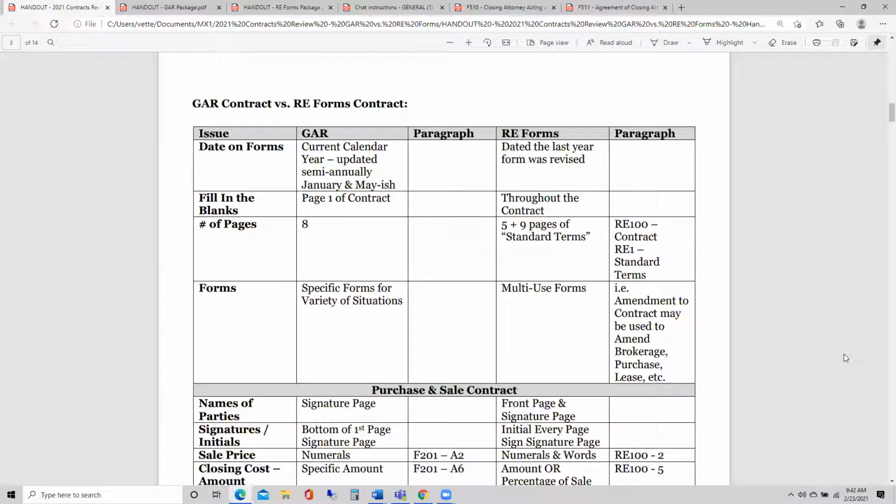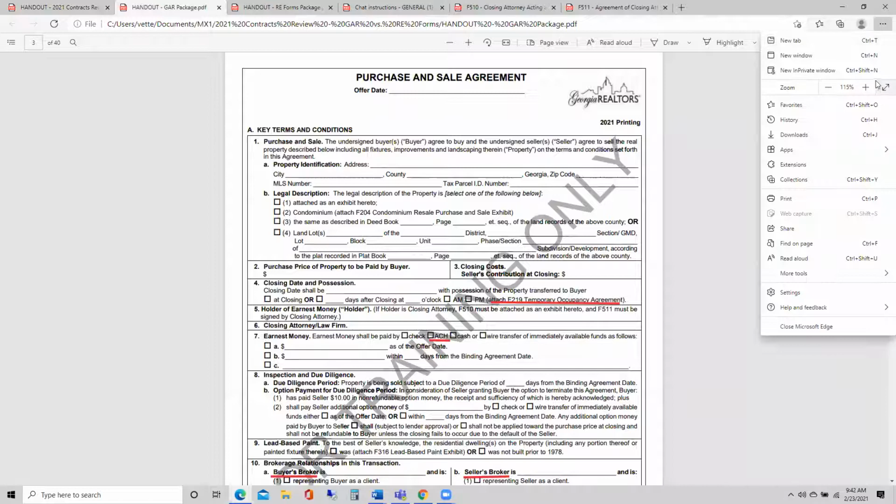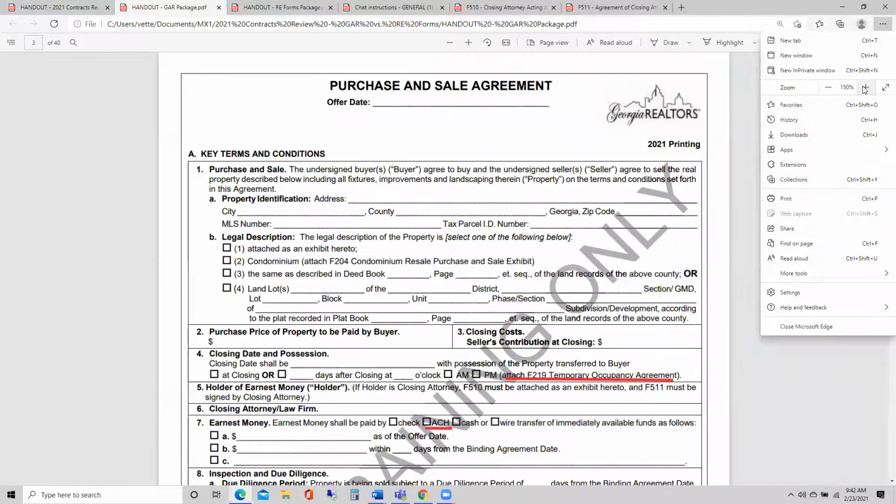All right, first thing, the date on the forms. So the GAR contract package, the GAR Forms Committee updates their forms semi-annually at the beginning of the year, and then they do a mid-year review. And you will see on the GAR contract package, I'm trying to make this a little bit bigger for you guys, you will see this date.